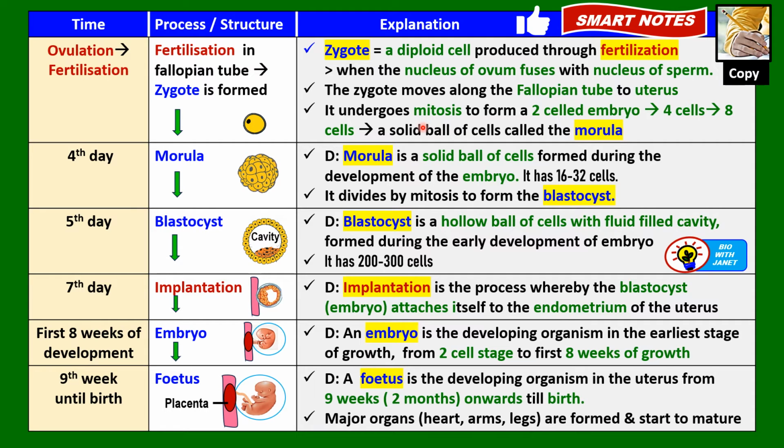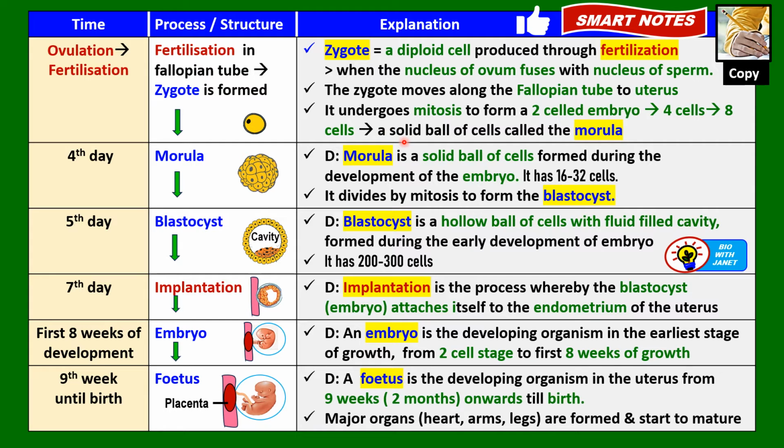Then it undergoes mitosis along the way. One cell divides to form 2 cells, so a 2-celled embryo is formed. Then each of the cells of the embryo continues to divide by mitosis. From 2 cells, 4 cells are formed, and then 8 cells. Every time we multiply by 2.